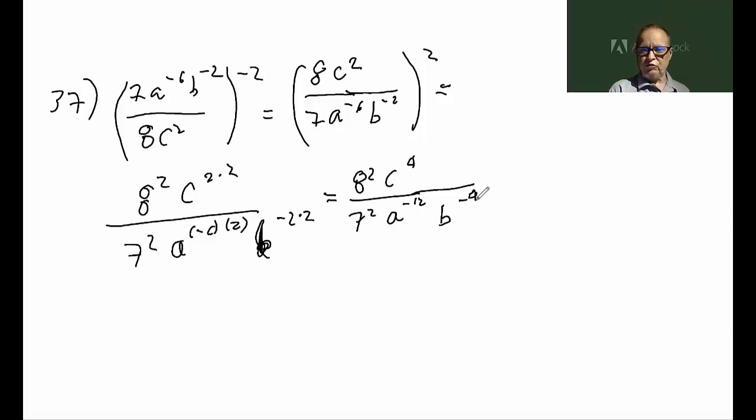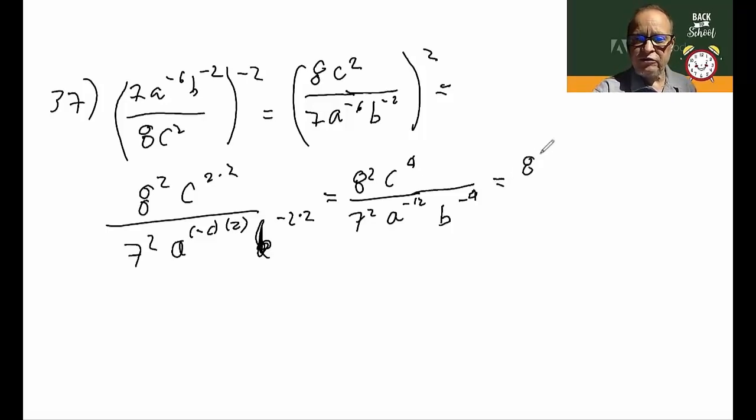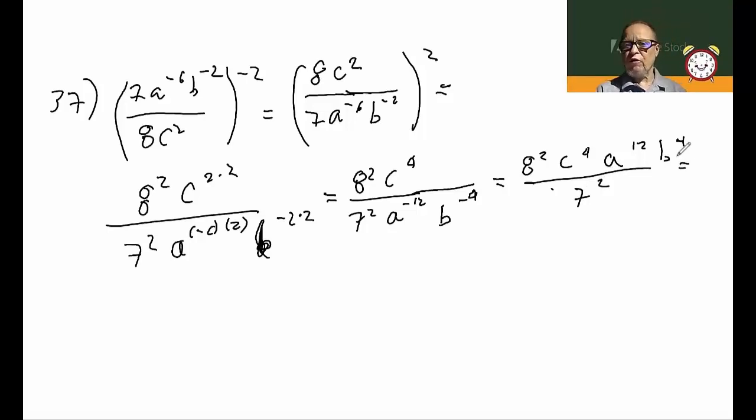Now we have to use our negative quotient rules to bring that upstairs. So that means we have 8 squared c to the 4th, a to the 12th, b to the 4th, and that will be over 7 squared. And I'll just rearrange it and finish it off a bit.